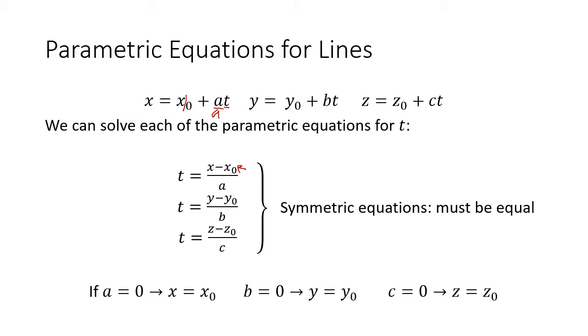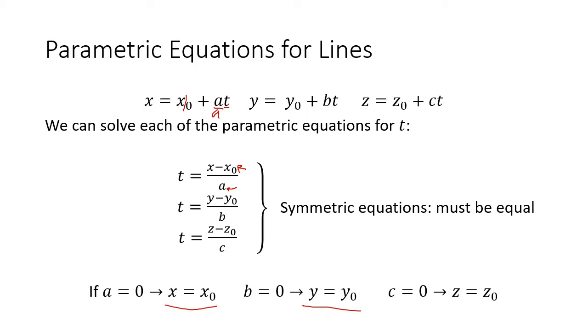Now, if you do notice, obviously we are dividing here. And, well, we may be dividing by 0 at some points because we aren't necessarily guaranteed that a, b, and c have to be numbers that are non-zero. It could absolutely be 0. And if that's the case, what that really means is that x equals x naught and y equals y naught.